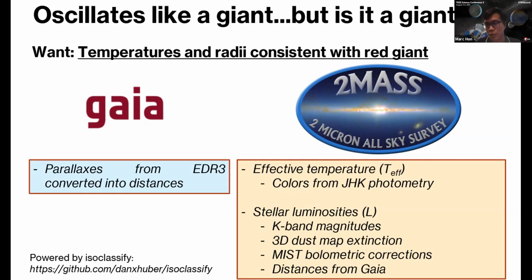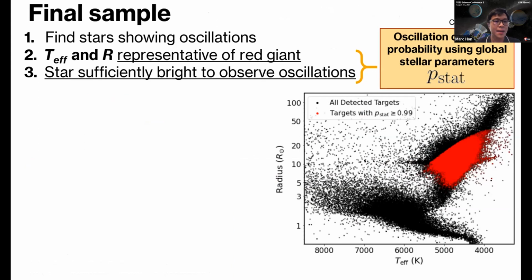And these magnitudes, when combined with distances, bolometric corrections, and extinction maps, give us a luminosity. So we have temperature, we have luminosity, we can compute a radius. So putting it all together, we have three constraints for our selection. The star must show giant oscillations, it must have a temperature and a radius of a giant, and finally, it must be sufficiently bright for us to even expect there to be oscillations in the first place.